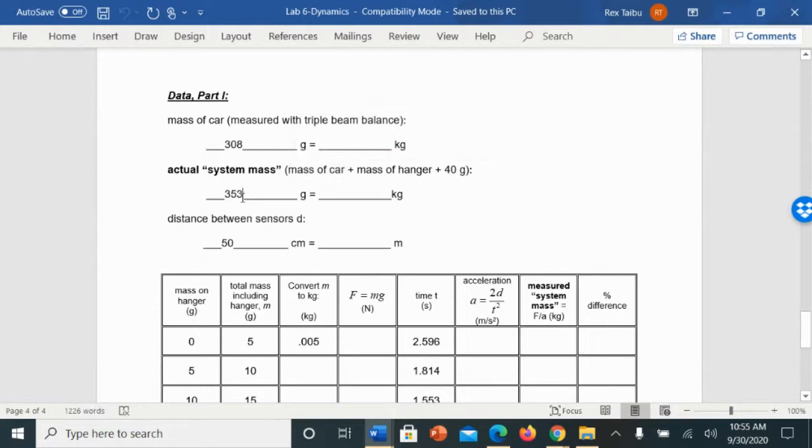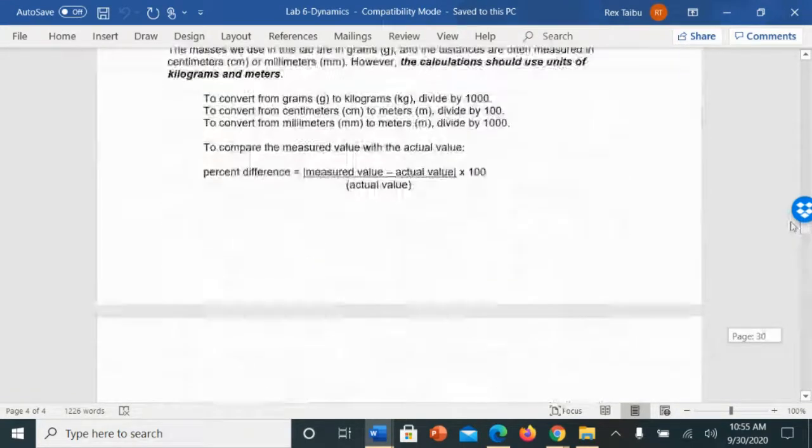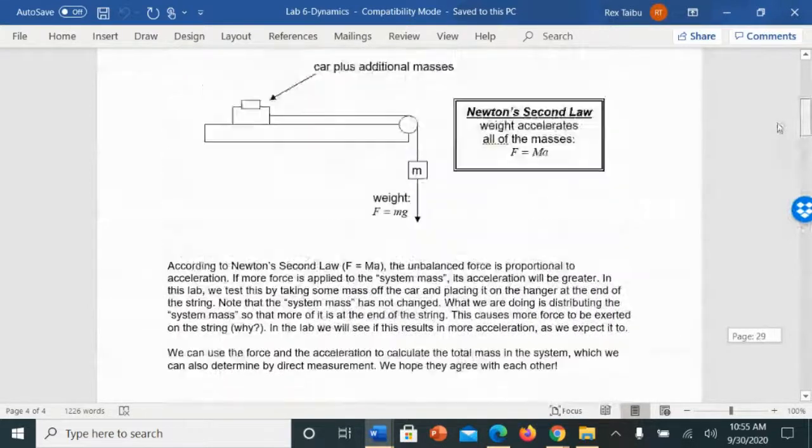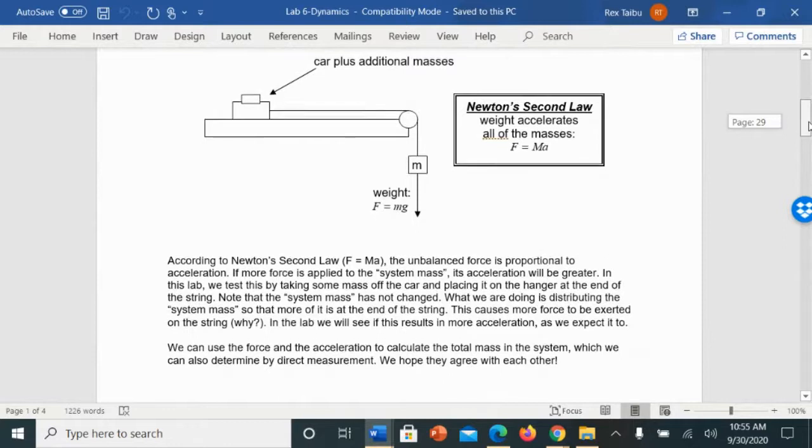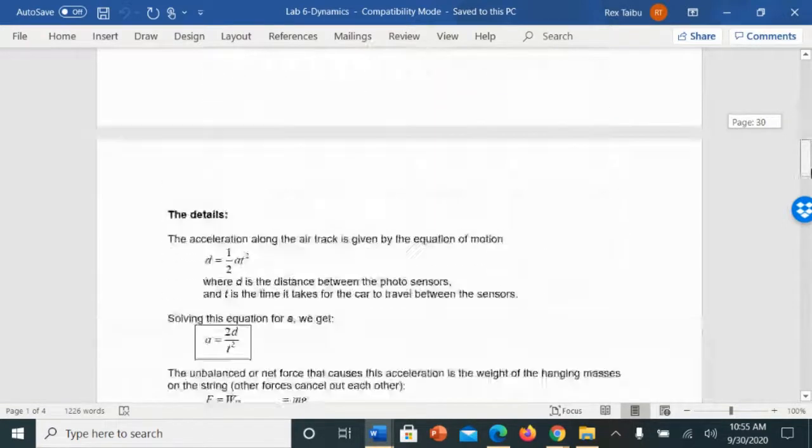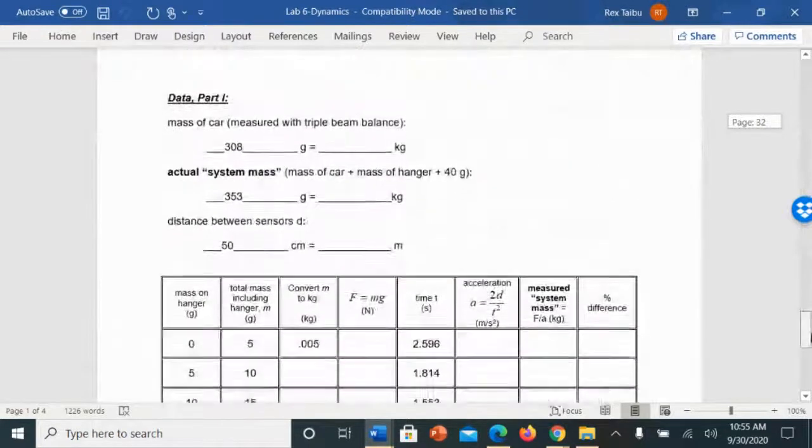So the total mass is 353 according to a beam balance. So back again here, the mass M here plus the mass that is sitting on the car plus the mass of the car is 353, just by beam balance. All right, so you start your experiment.